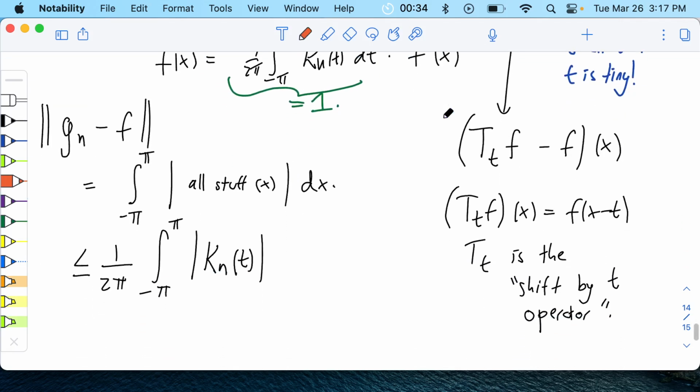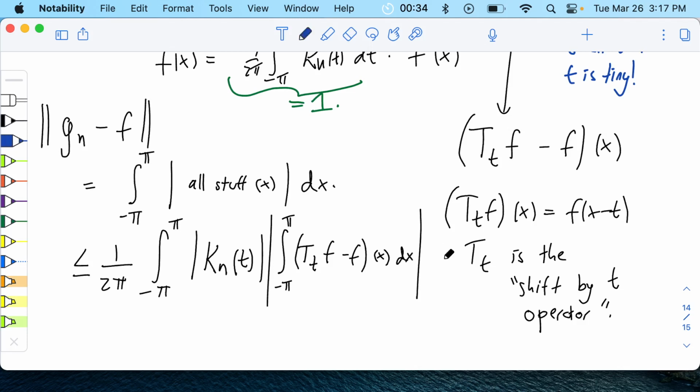And then over here, still in this integral sign, you're going to have the integral from minus pi to pi of tt of f minus f of x in absolute value dx. I want the dx like this. And then dt. Maybe it helps to do some colors. This is the dt integral on the outside, and this is the dx integral on the inside.